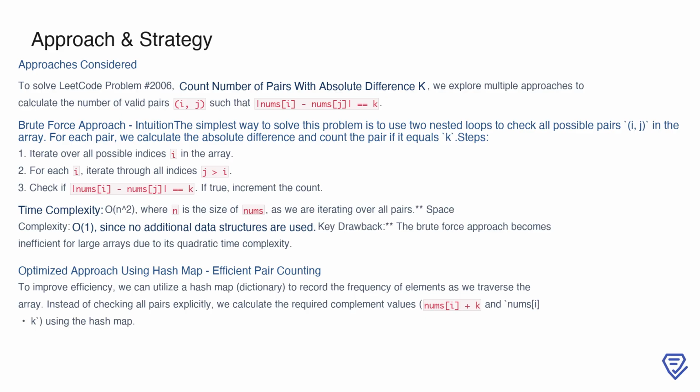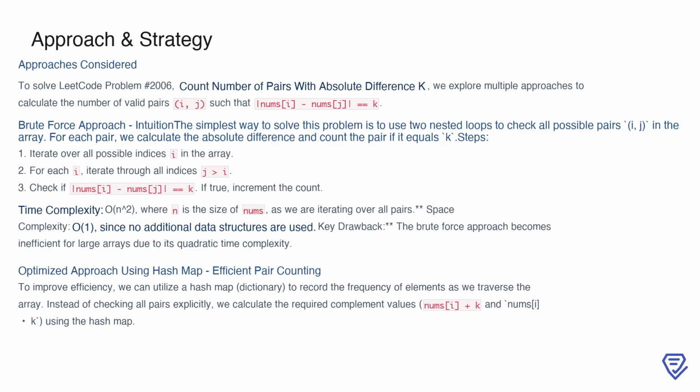To solve the problem of counting pairs with an absolute difference of k, we first consider the brute force approach. This method is straightforward and involves iterating through all possible pairs in the array using two nested loops. For each pair, we calculate the absolute difference between the two numbers and check if it equals k. If it does, we increment the count.